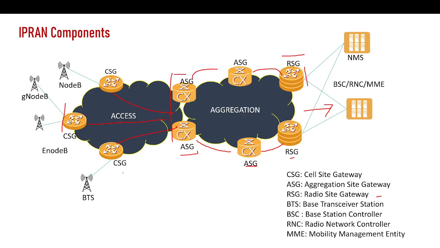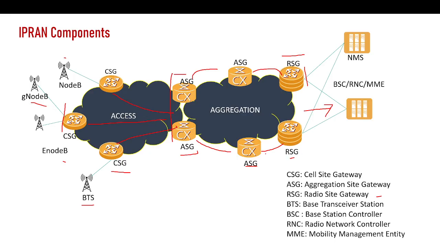So on the access side, every site will have a CSG, what we are calling the cell site gateway. This is the device that is connecting directly to the BTS at site. The BTS, the G node B, the node B, or the E node B. This is just a small router, not the same as the ASG or the RSG.